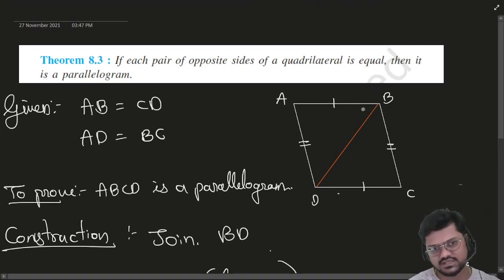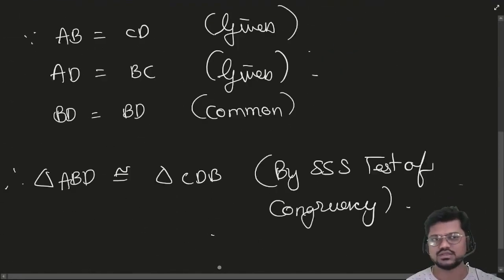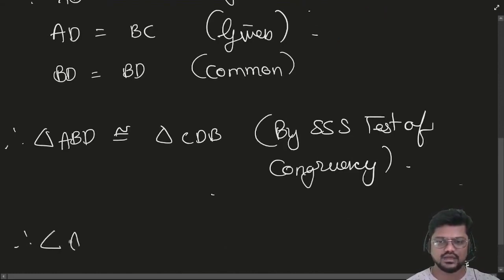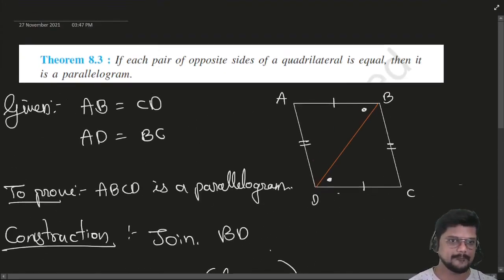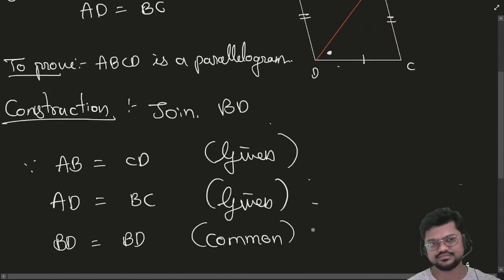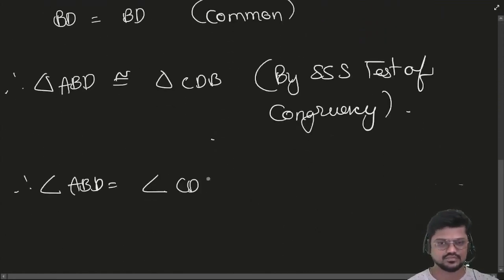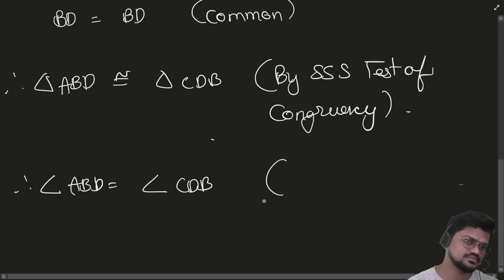Then we can say this angle is equal to this angle. Therefore angle ABD is equal to angle CDB, right? Angle ABD is equal to angle CDB by which property?